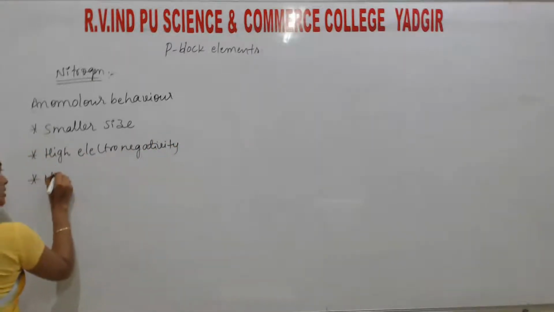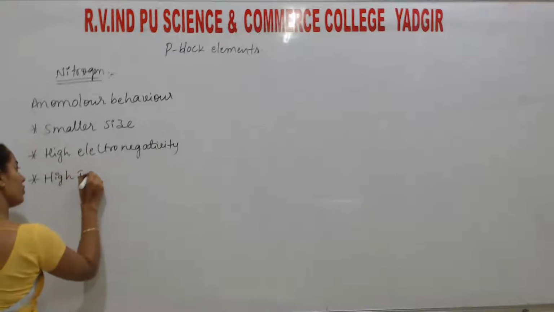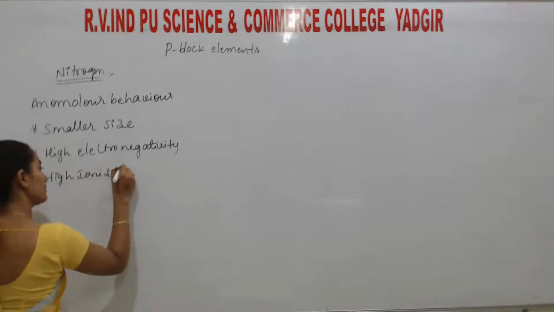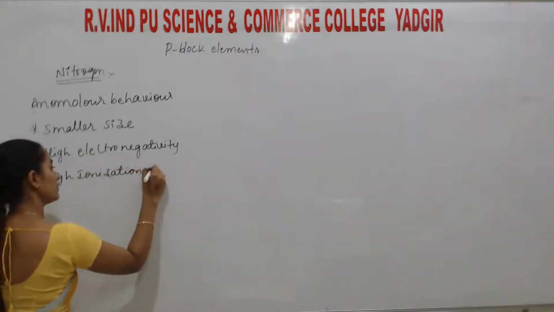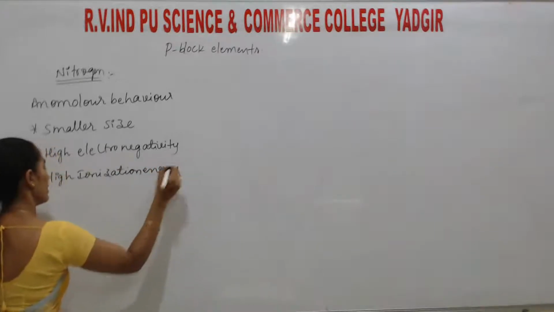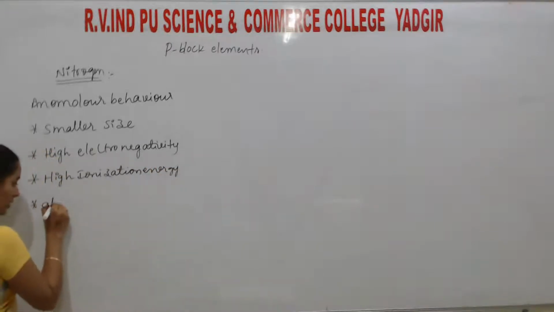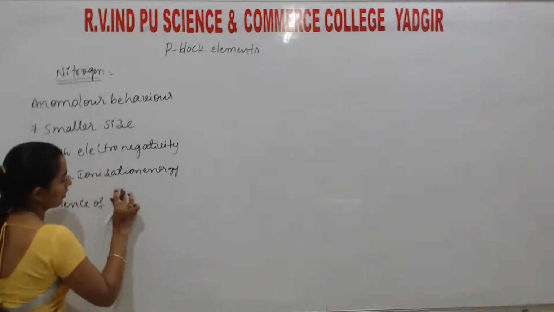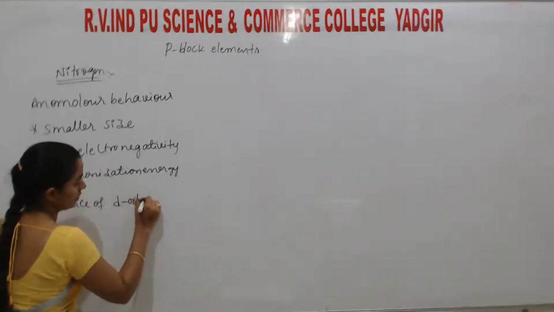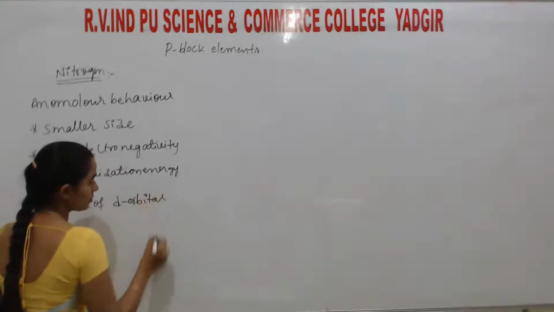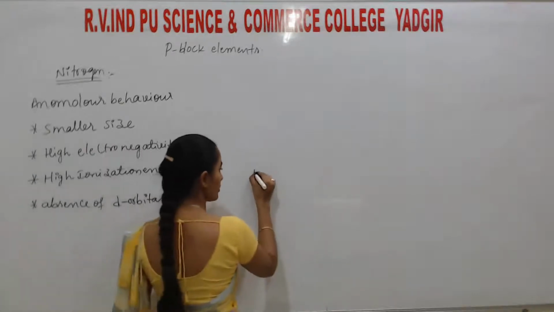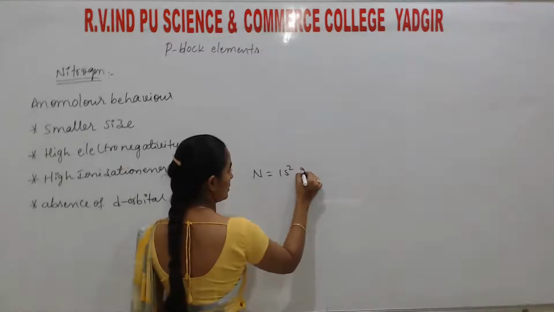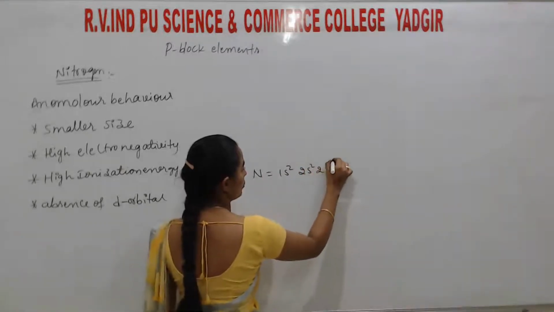Next, high ionization energy. Last one, absence of d orbital. Okay, so students, if you write the electronic configuration of nitrogen, it is 1s2, 2s2, 2p3.